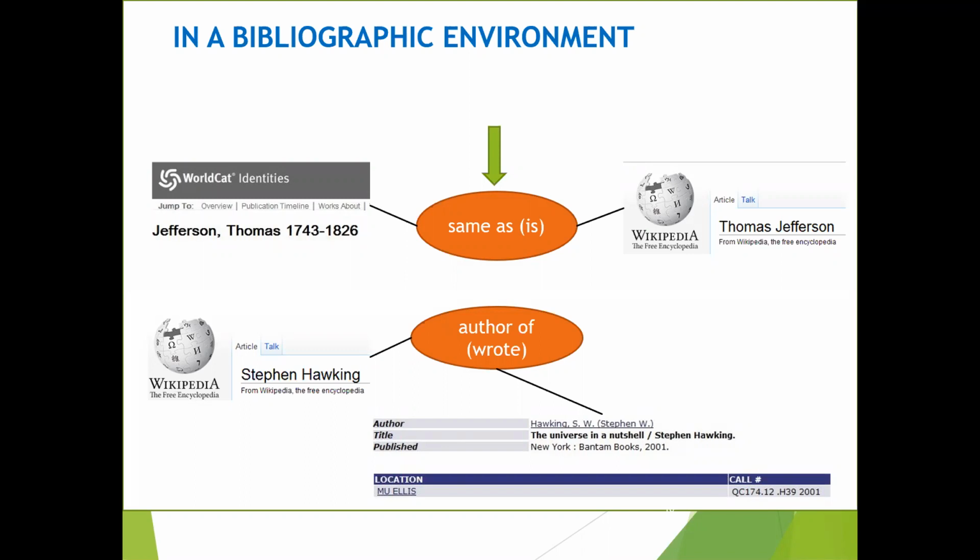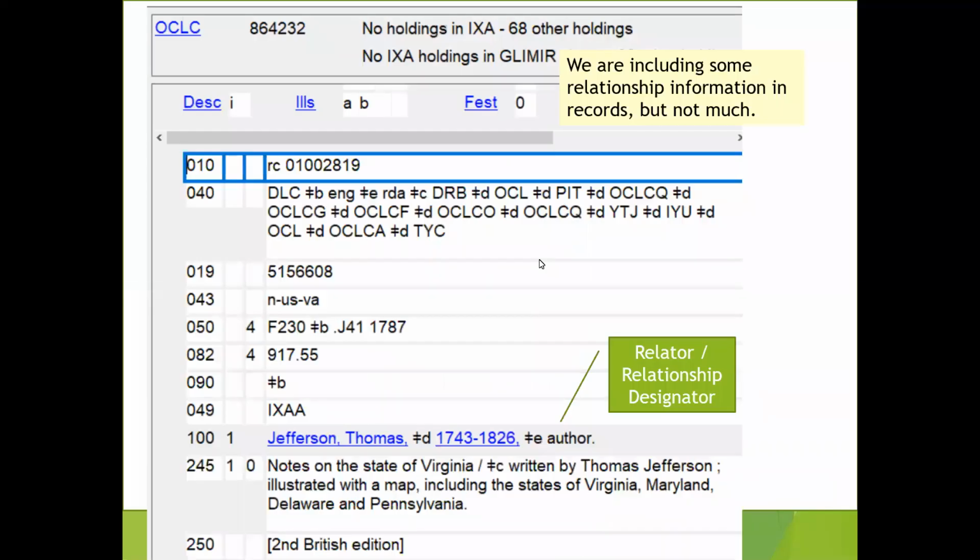So there are a lot of reasons why it's hard for machines to really understand that data, and layer on top of it that it does not match any modern data programming languages. So when you see the word triplets, you're just thinking about relationship. Here's an example of how we're starting to include some relationship information in records. But we just don't do it that much, right?